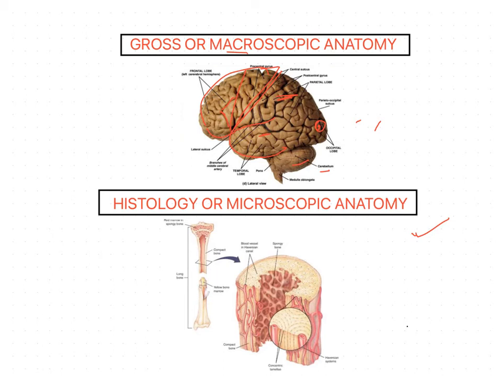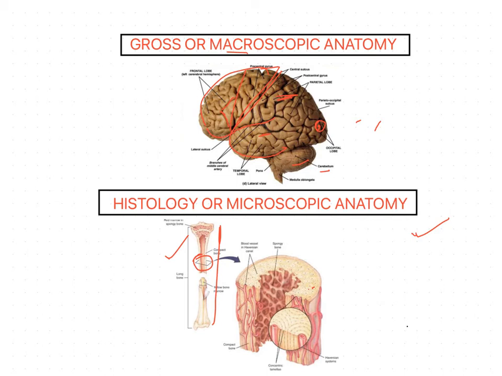Here you can see the long bone. This bone we can see with our naked eye. Here a small marking is present. That part of the bone is kept under a microscope. We can find the differentiation of the cells and tissues present inside the bone.